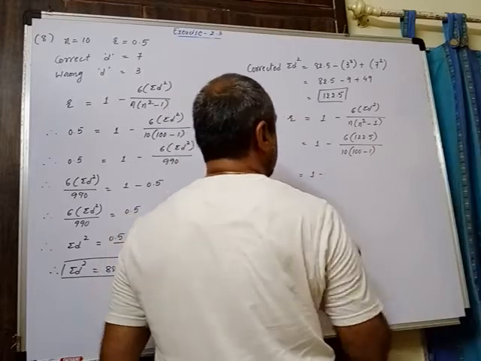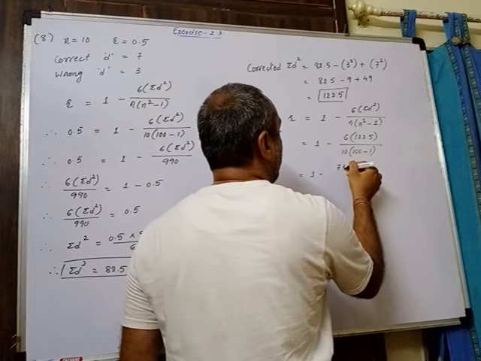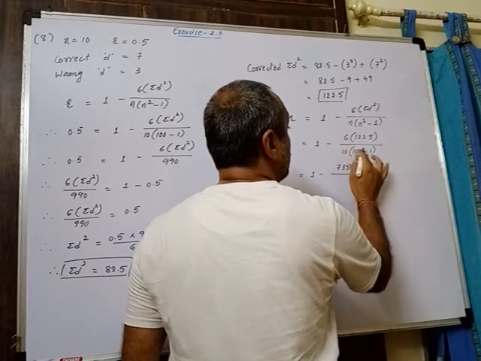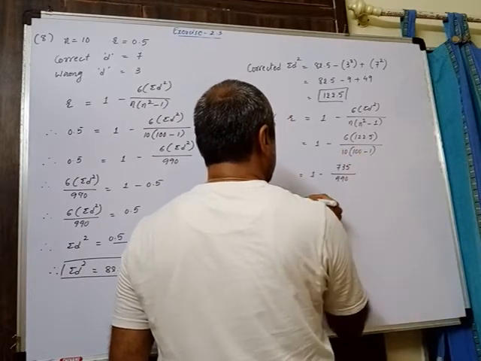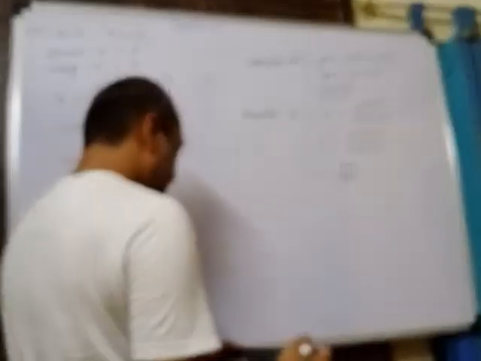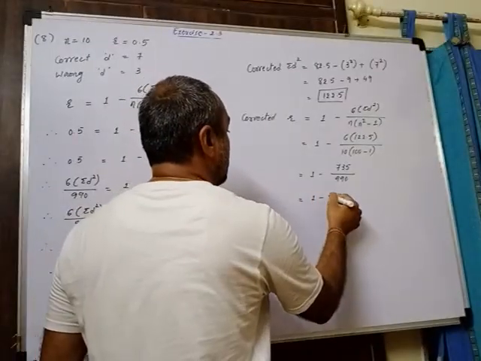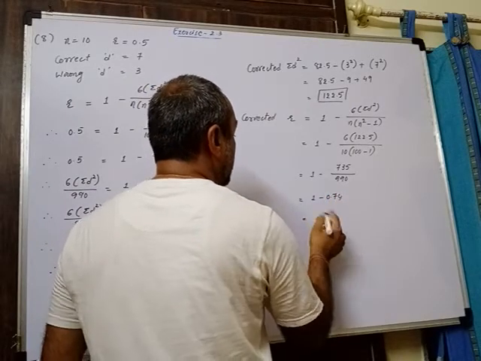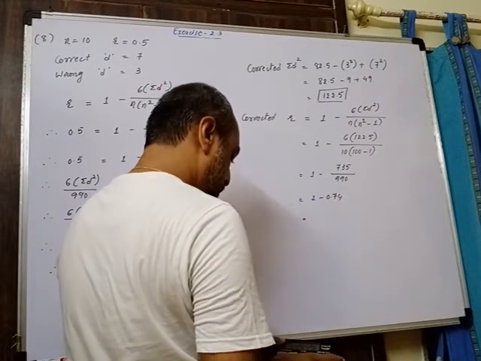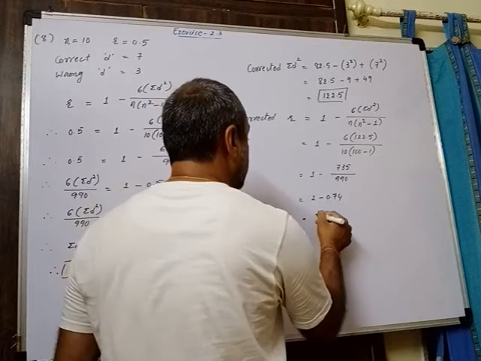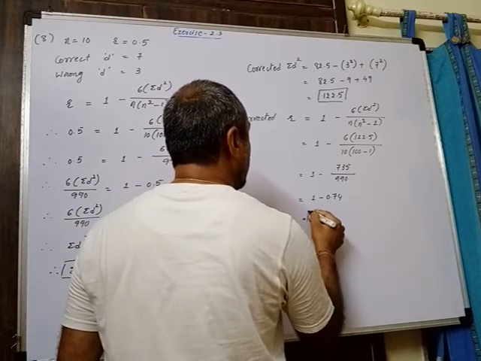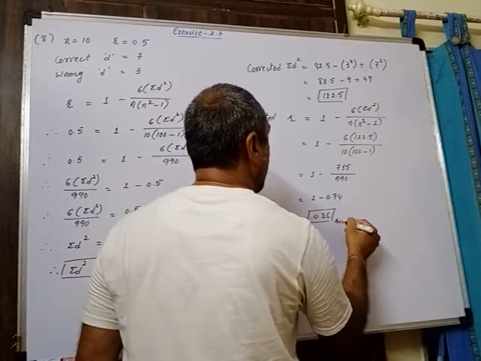So 1 minus 6 into 122.5 is 735 upon 10 into 99 is 990. So 735 upon 990 is 0.74. So 1 minus 0.74 is equal to 0.26. This is your corrected R answer.